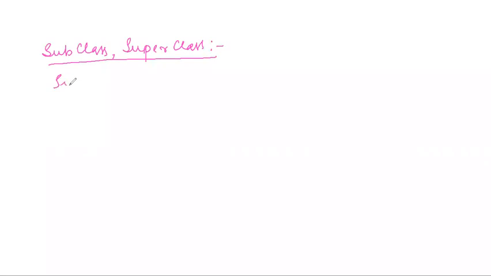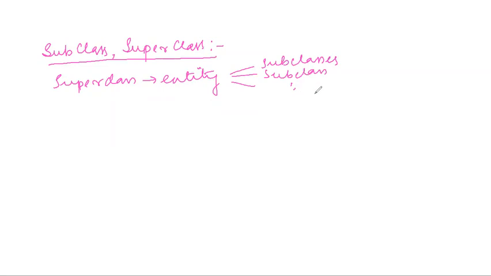Now we all know that superclass is an entity. Since it is an ER model, everything will be dealt with in the form of entity. So superclass is an entity that can be further divided into various subclasses. So subclass is a lower version of superclass and superclass is a higher version of subclass. So for example, suppose there is a superclass named shape.